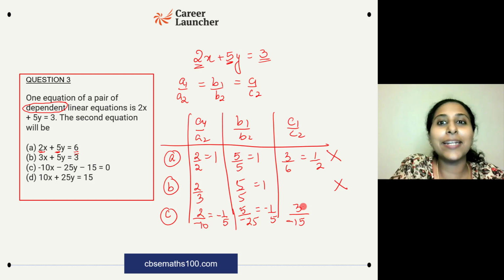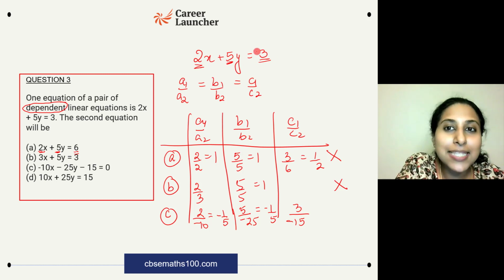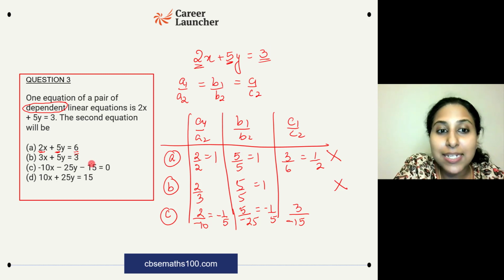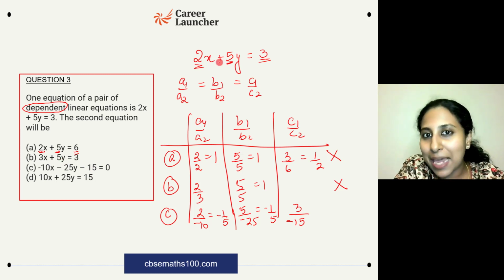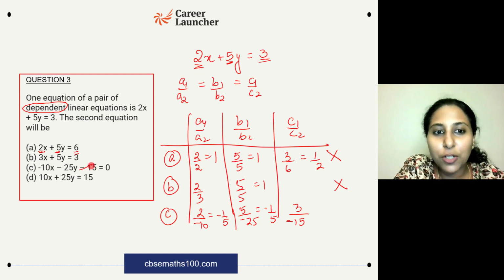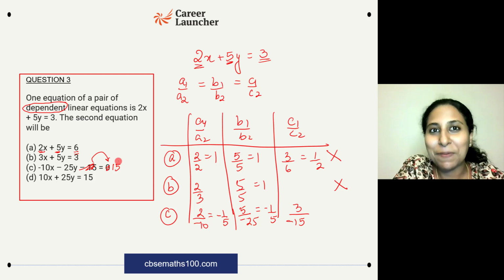Why is it not correct? Because here the constant is coming to the right side of the equal to symbol. However, here the constant is to the left side of the equal to symbol. We need to make both equations look the same format. To change this option C to the same format as the question, we need to move this minus 15 to the right side, making this plus 15.